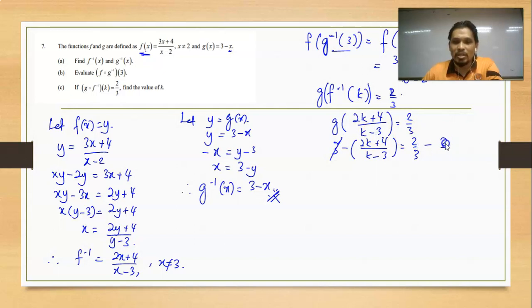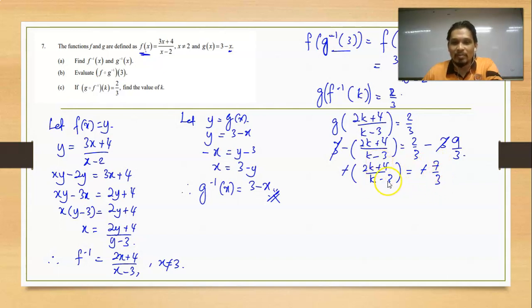And transform this into the form of a fraction with a denominator of 3. 3 times 3 equal to 9 over 3. So then negative (2k plus 4 divided by k minus 3) equal to 2 minus 9 equal to negative 7 over 3. Multiply by negative 1 on both sides. So 2k plus 4 divided by k minus 3 equal to 7 over 3.